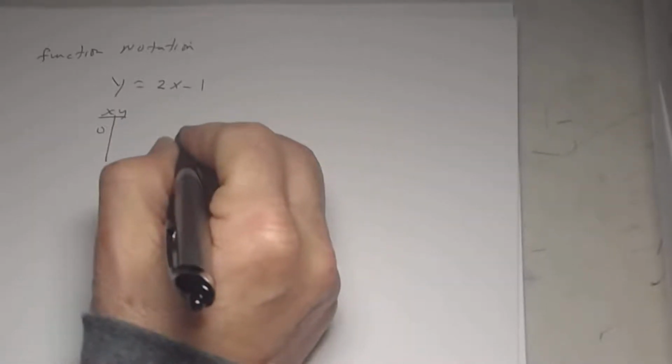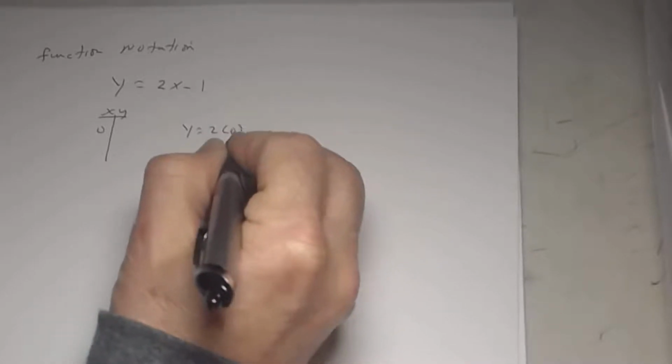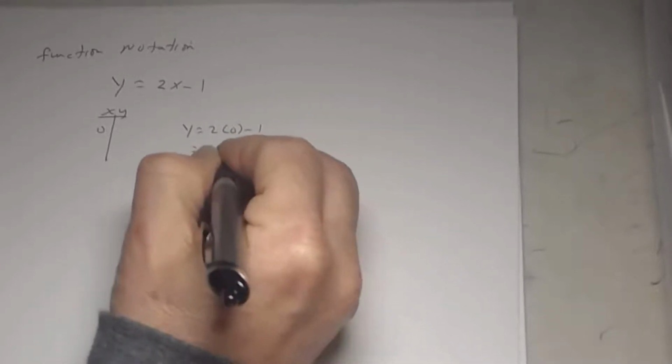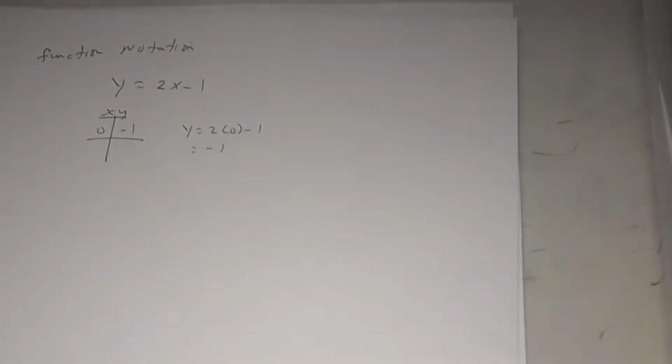If I had y equals 2x minus 1, okay, this equation, and if I graph this line, let's use a t-table. If x is 0, what's y? Y would be 2 times 0 minus 1, right? So that's negative 1. Okay?